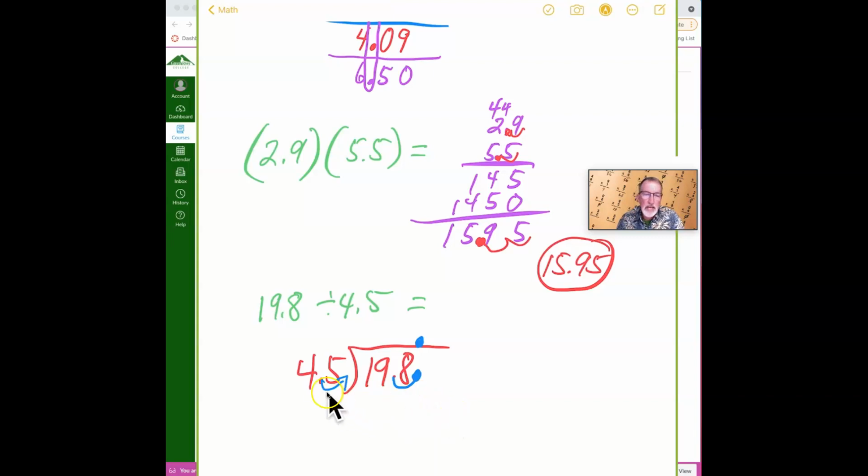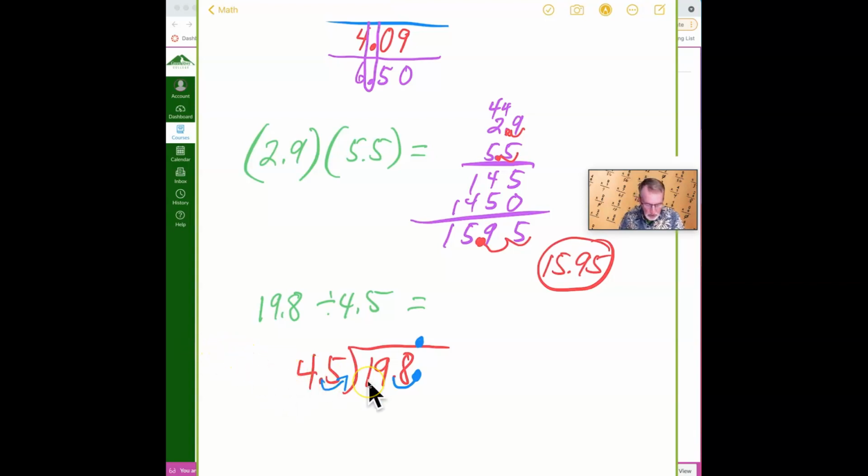So the idea is that too many decimal points will confuse us. So by moving them both to the right, the ratio 4.5 goes into 19.8 the same number of times as 45 goes into 198. So that's what we're going to do. And it's just easier not to worry about decimal points right here.